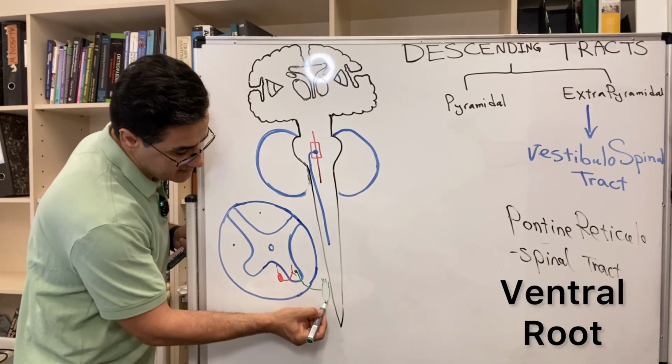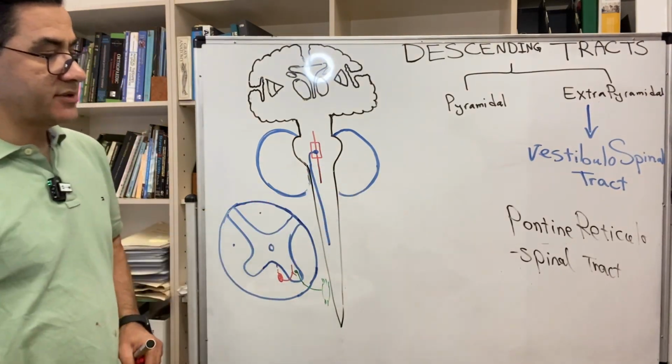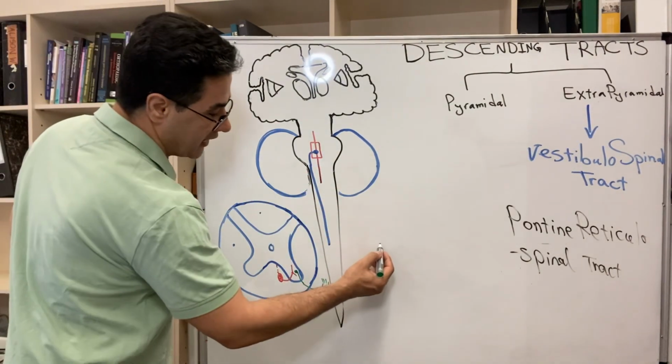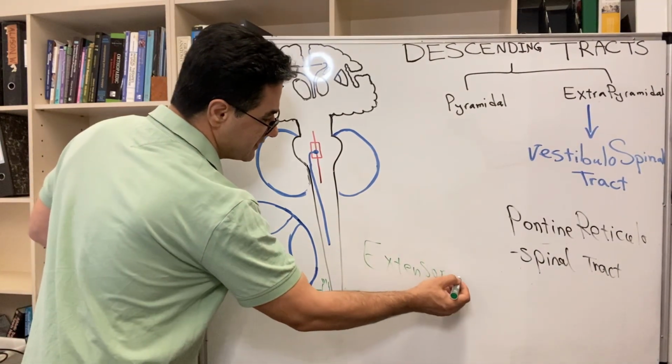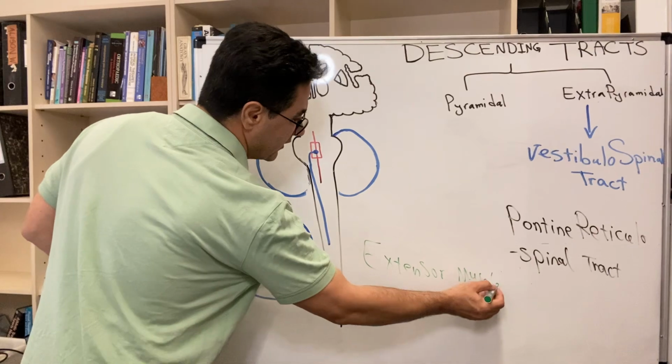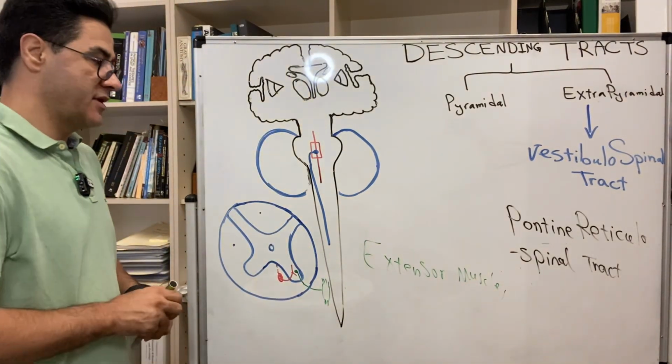So which muscles are supplied by the lower motor neuron of the Pontine Reticulospinal Tract? They are extensor muscles. So extensor muscles are supplied by the lower motor neuron of the Pontine Reticulospinal Tract.